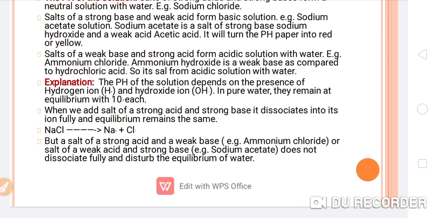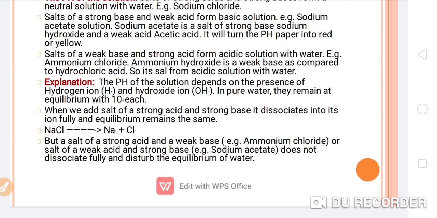When we add a salt of a strong acid and strong base, it dissociates into its ions fully and the equilibrium remains the same. Suppose here is sodium chloride and you have dissolved it inside the water, there is no disturbance in the equilibrium. So the equilibrium remains as it is.